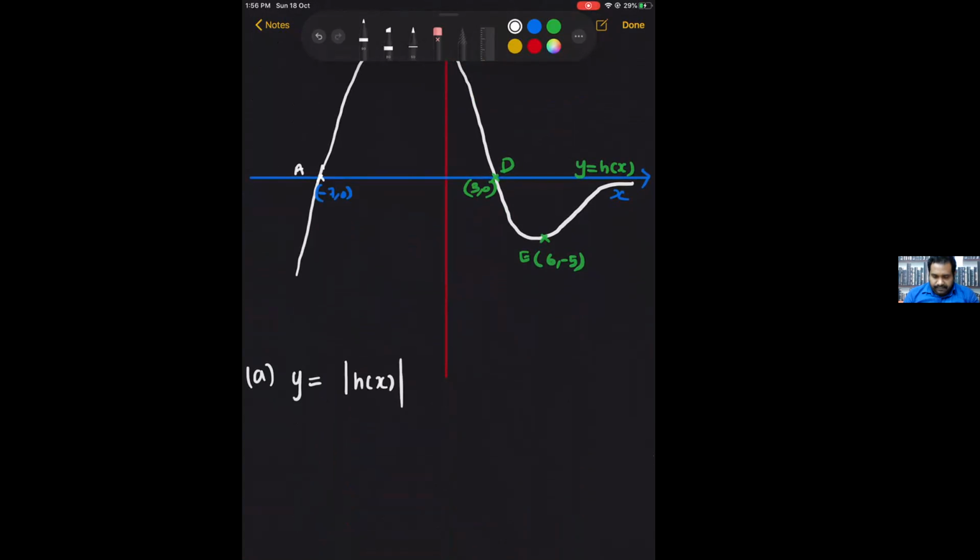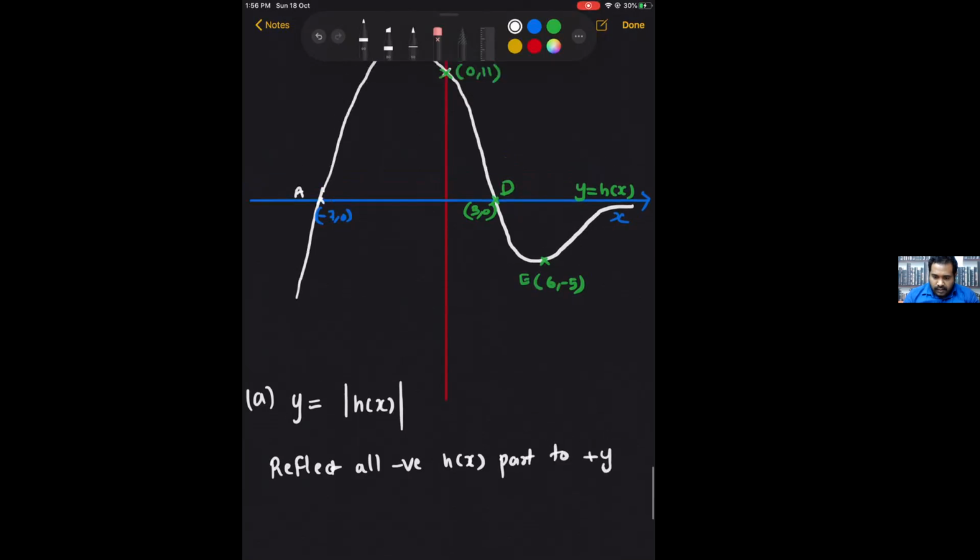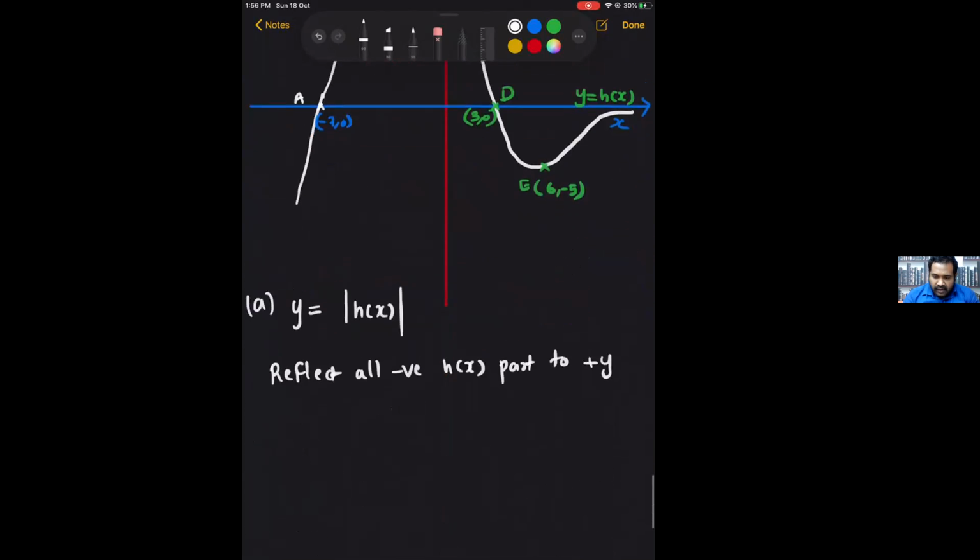So in this case, we need to reflect all the negative h of x part to positive y. How can we reflect it?